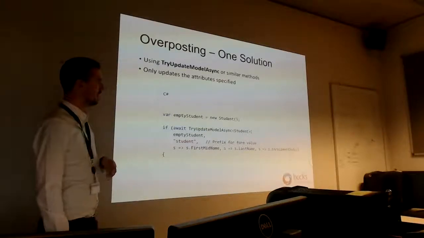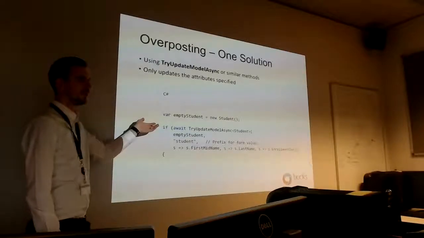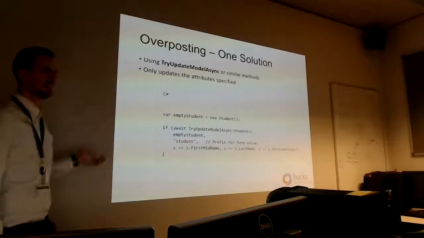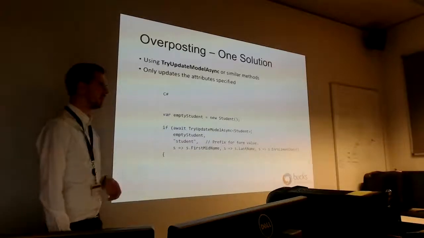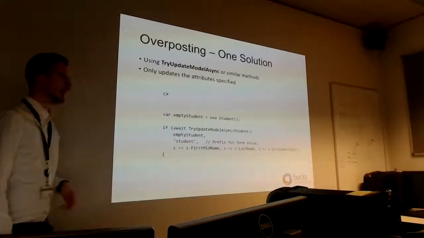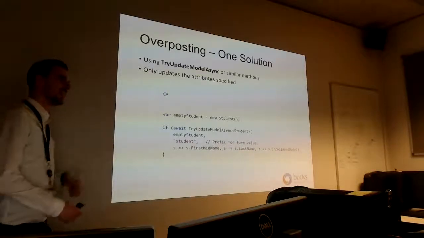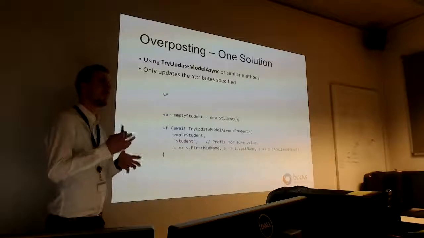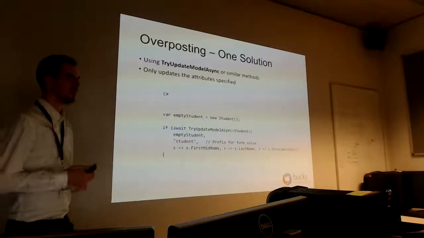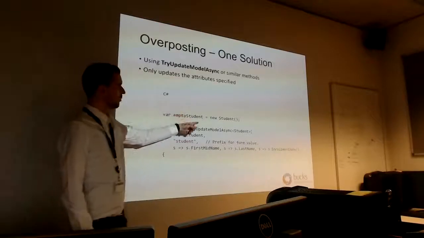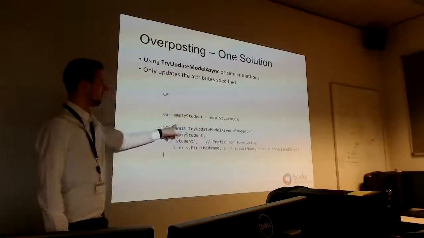So let's say we've got a student model, which also has a field called unlimited access, for example, a Boolean. And we don't want students to be able to edit it. Let's say a student, cheeky that they are, decides to wrangle the HTML and post in that attribute, and we get that student model with that spurious attribute.